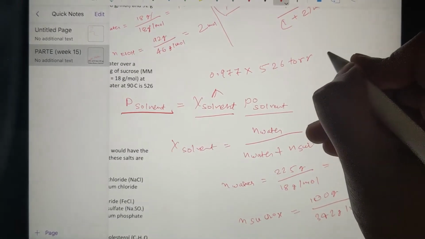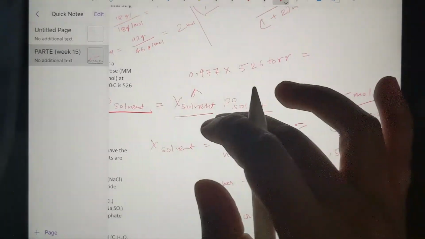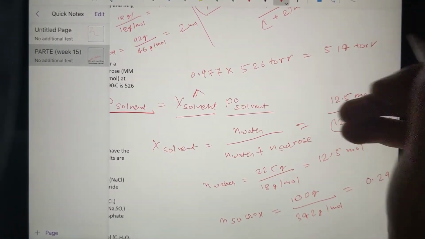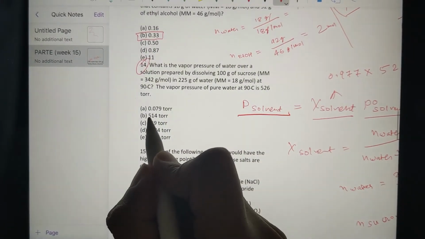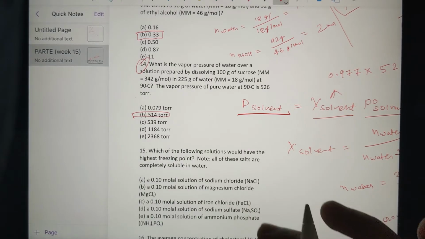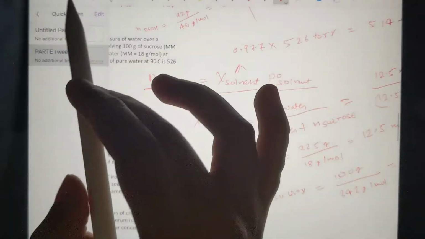So if you multiply that, you're going to get 514 torr. So your correct answer will be B. Okay, let's erase all these.